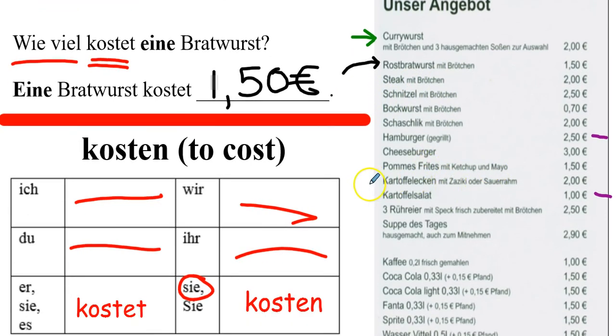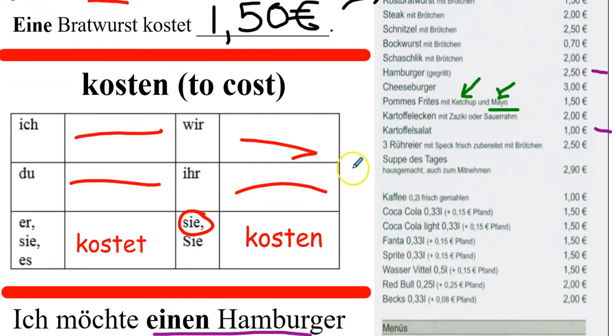Hamburger, cheeseburger. This is something that's a bit unusual for a number of Americans. So if you're listening to this as an American, mayo may not be as popular as it is in Europe. So French fries with ketchup. I also find that sometimes the price does not include those, and you have to pay extra for ketchup or mayo. Soupe des Tages means soup of the day. Soup du jour, if you will, like the French.